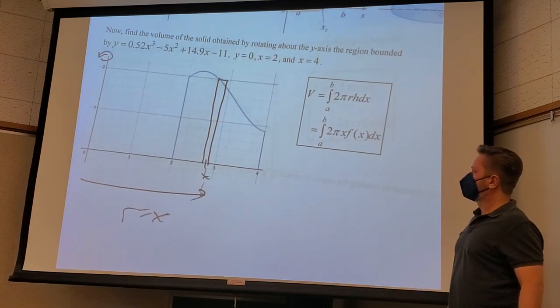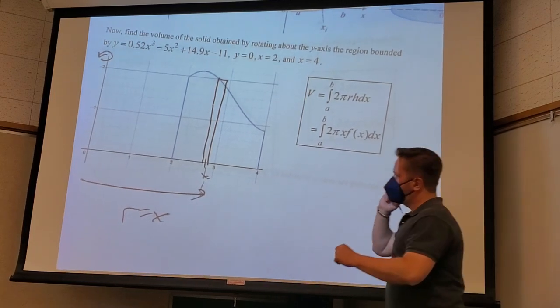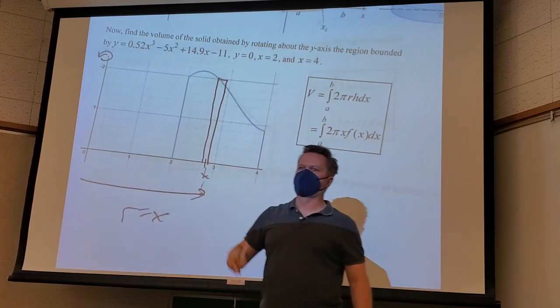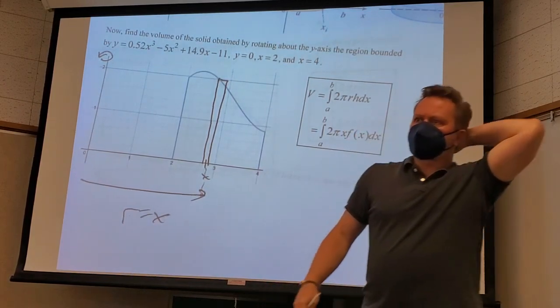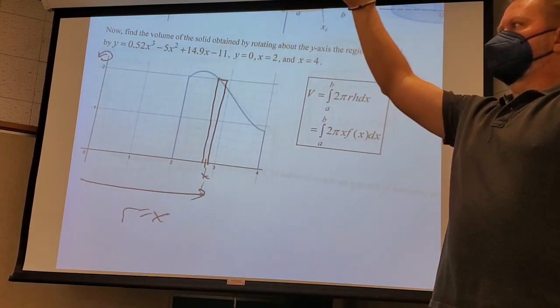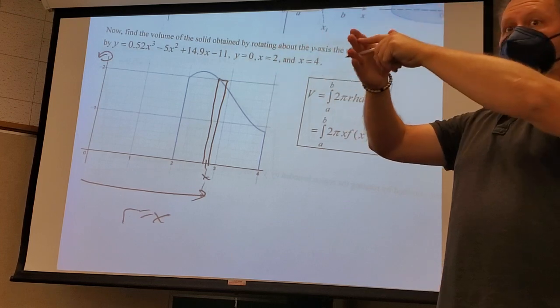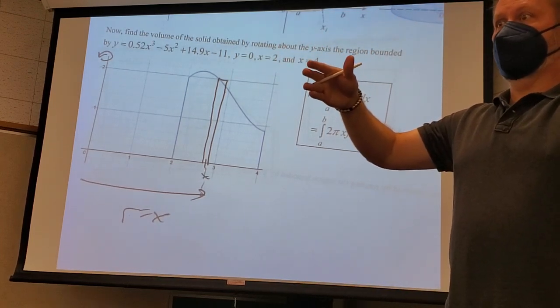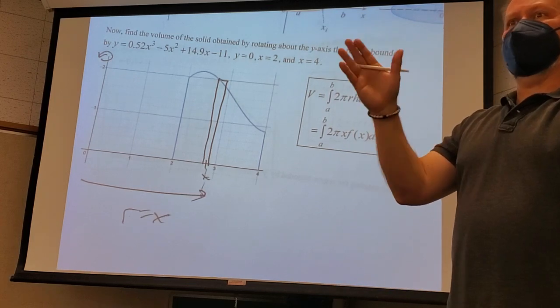Okay. So real quick, what is one thing I could do so that the radius is not x? The radius has to be the distance from the axis of revolution to the rectangle. The rectangle is going to be sitting at x. So when would that radius not be x?